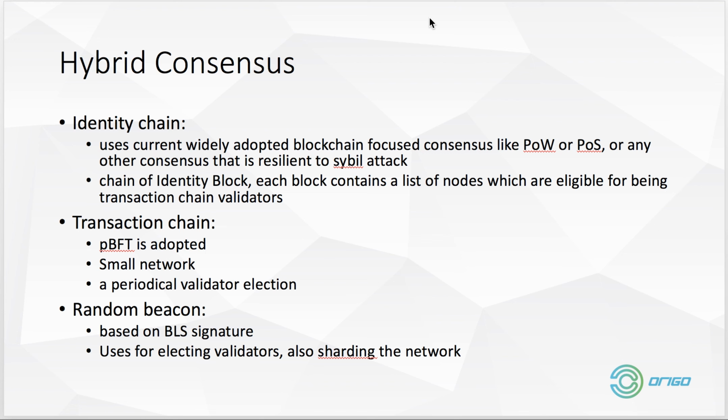You need a random function. So this random beacon will be used for electing the validators, and if we do sharding later, we can also use this random beacon for the sharding work. So that's basically today's topic.